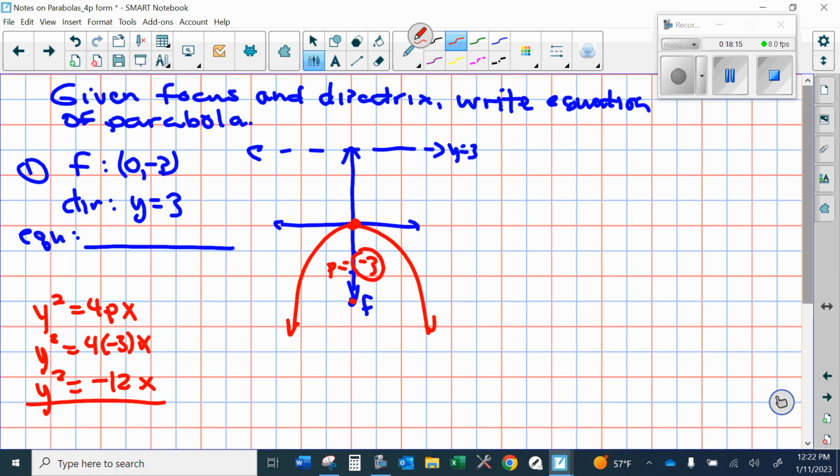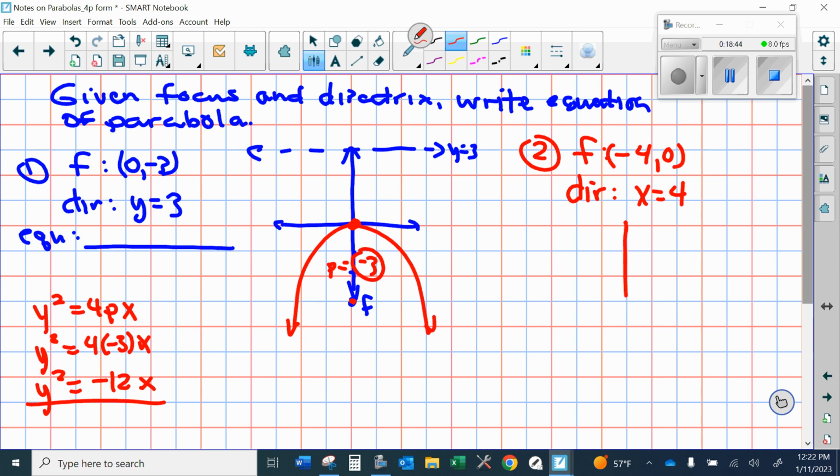Okay, let's do another one so we hit all of them. Remember, we didn't have a parabola open down on the first one we graphed, so I made this one open down. That last one opened left, so we'll make one open to the right. Okay, so let's say the focus is -4, 0. The directrix would be x equals 4.